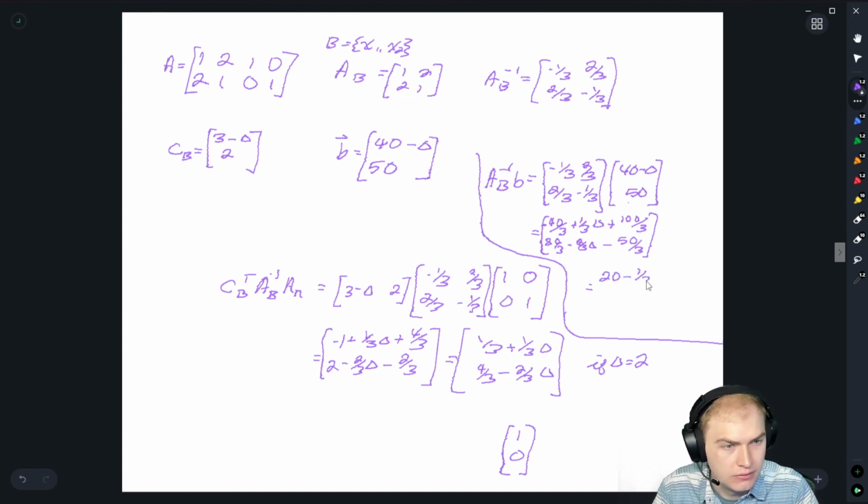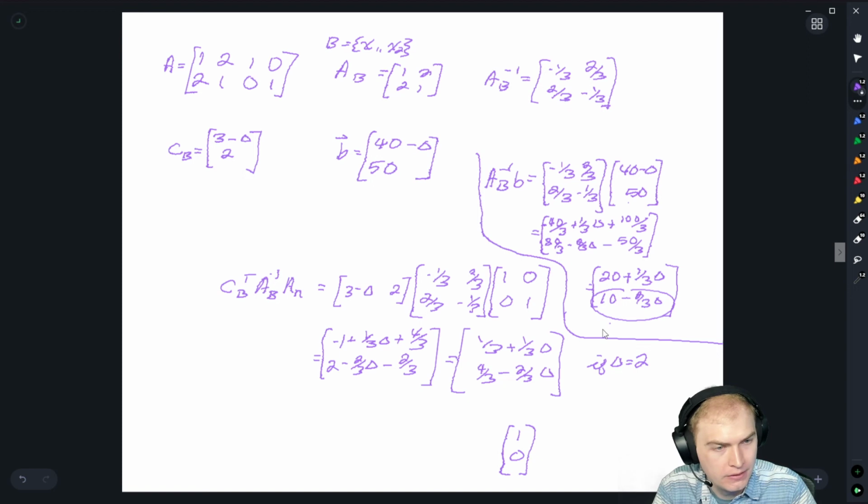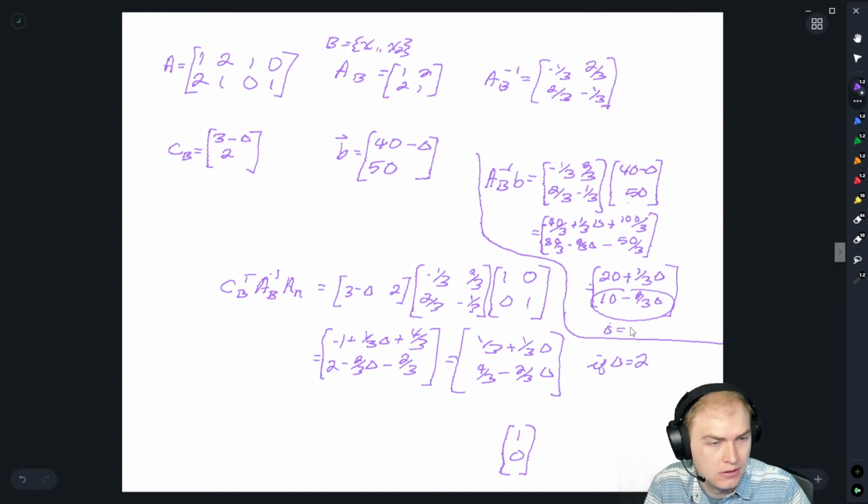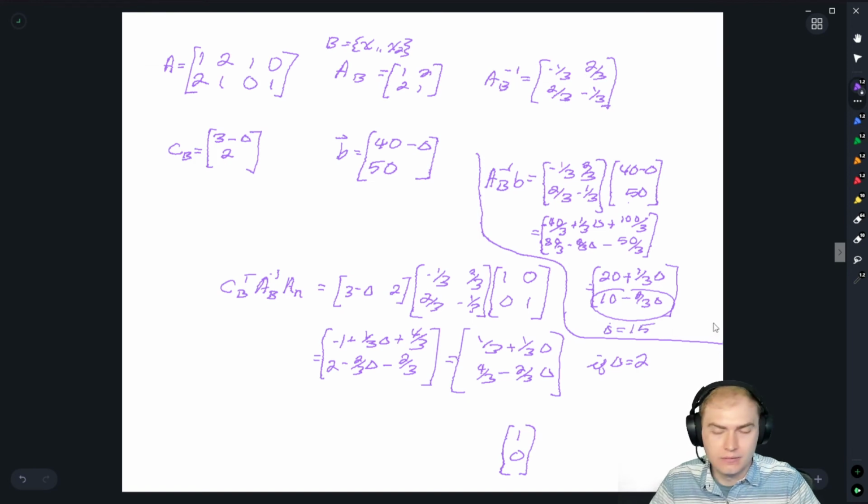minus 1/3 delta, or plus 1/3 delta. And 80 minus 50 is 30 over 3 is 10, minus 2/3 delta, and then I'm going to solve this for that equals 0, is delta equals 10 times 3/2 is 15.